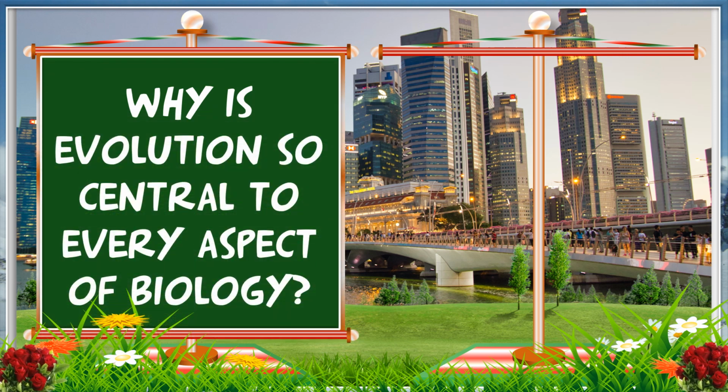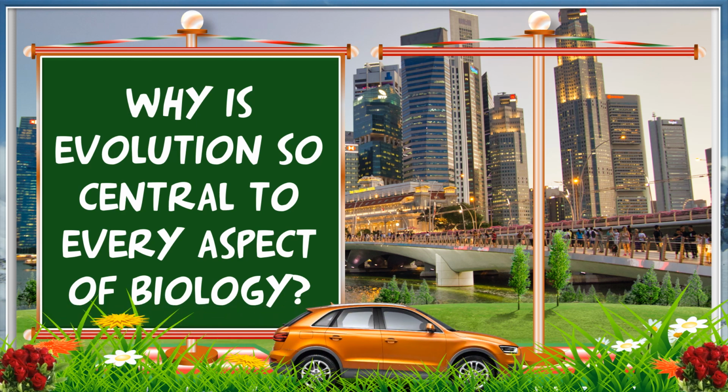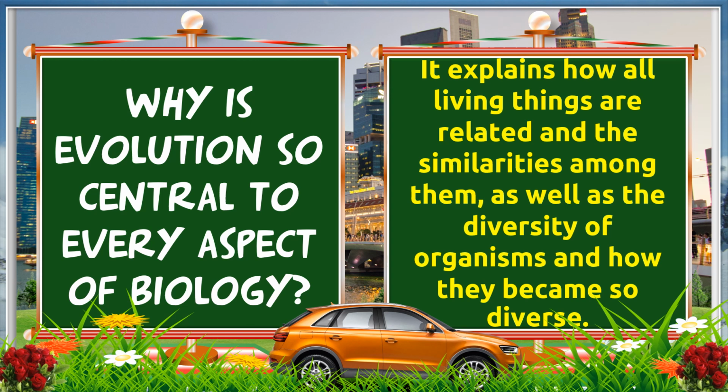Why is evolution so central to every aspect of biology? It explains how all living things are related and the similarities among them, as well as the diversity of organisms and how they become so diverse.